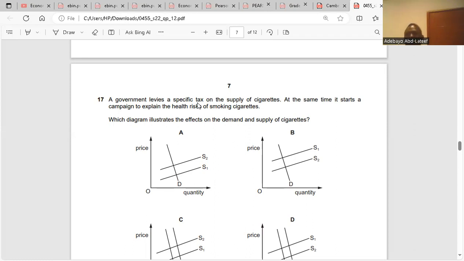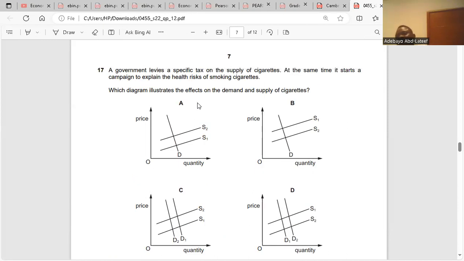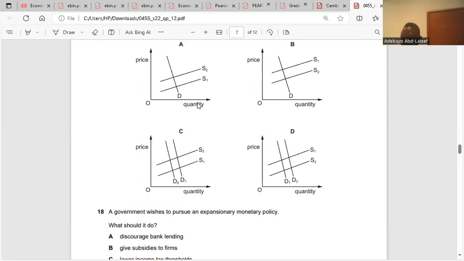A successful advertisement on the harm that smoking could cause would reduce the demand for cigarettes from D1 to D2, leftward. And the levy on the supply of cigarettes will increase the cost, which means the price will rise, shifting the supply curve leftward from S1 to S2. Is it clear? Yes. So the answer is C.